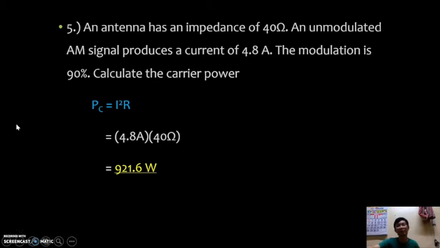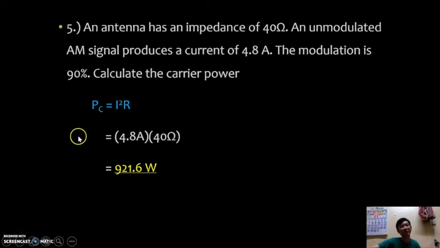So this is a different set of values compared to the previous examples. To get the answer in this one, the formula P sub C is equal to I squared R will be used, wherein P sub C is the carrier power, I is the current, and R is the resistance.